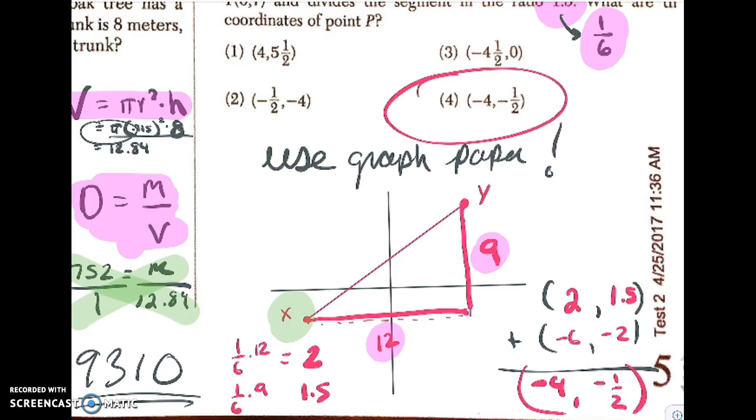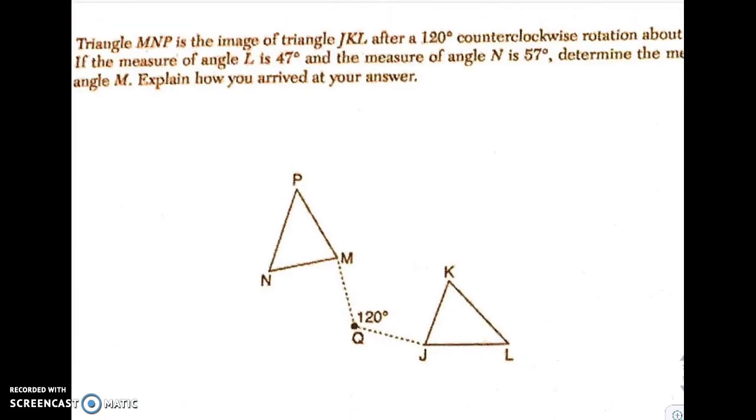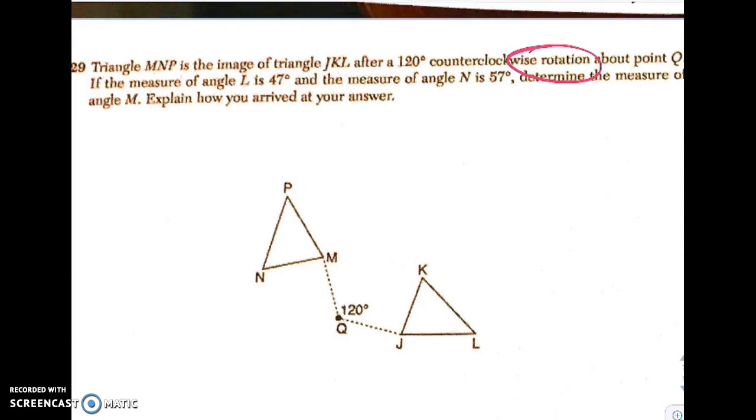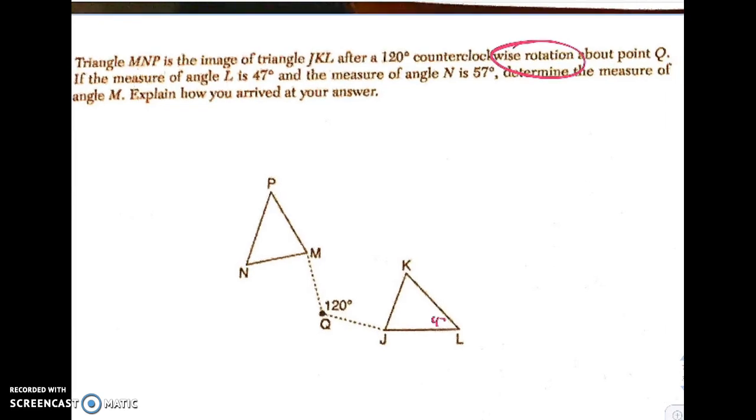Choice 4. This problem here tells you that a rotation happened. So rotation is a rigid motion, and it'll preserve angle measure and distance and all that. It says angle L is 47 degrees. So if angle L is 47, L is right here, then so is P, because it preserves angles.